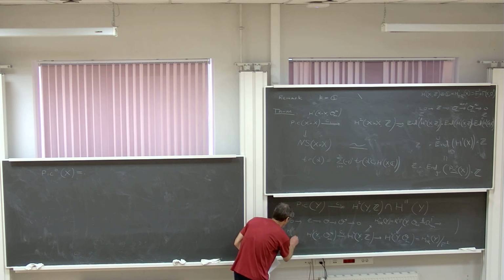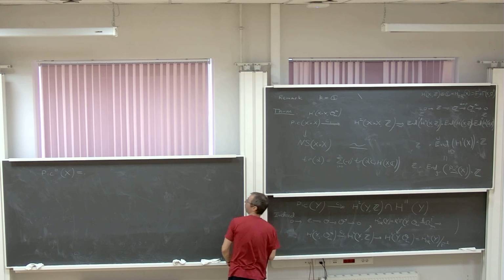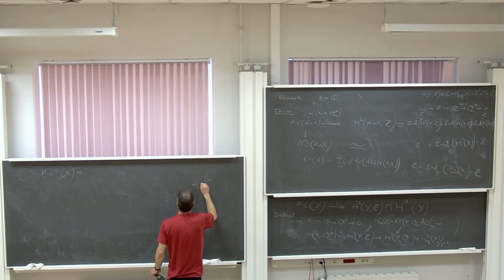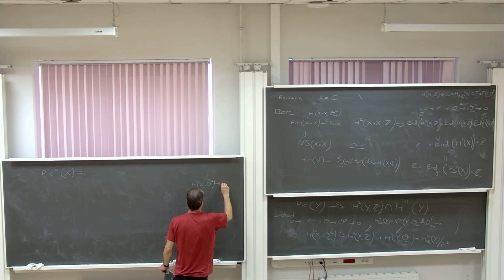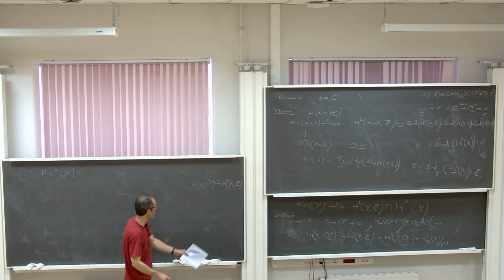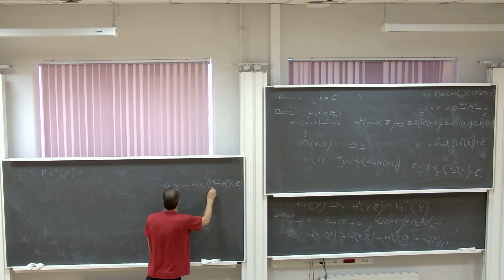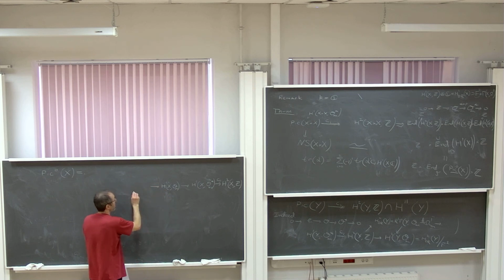This is H1 of O_X star. This is mapped to H2 of X with Z coefficients. This is the degree map. We are in the case of curves. The next term to the left is H1 of O_X, and the one before it is H1 of X with integer coefficients.